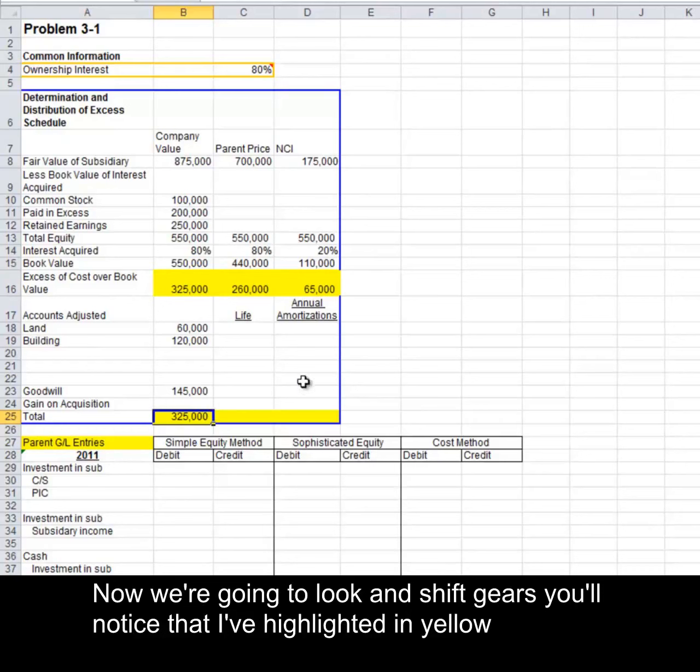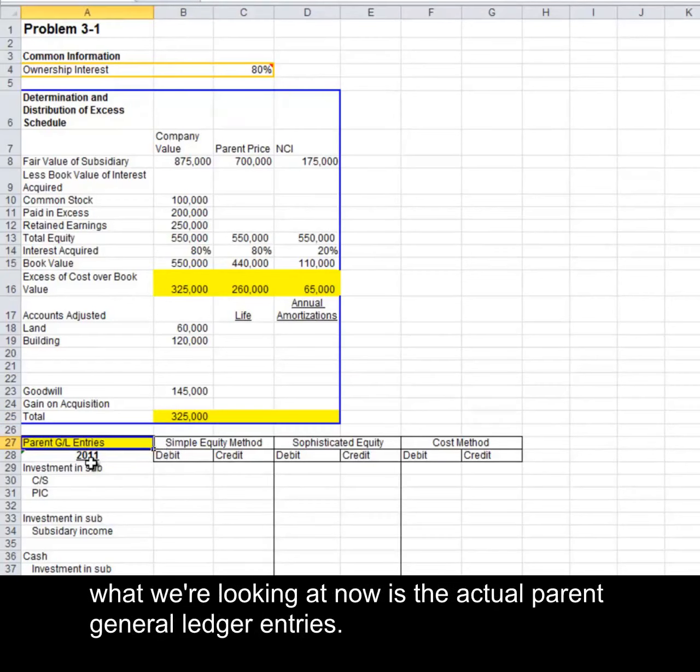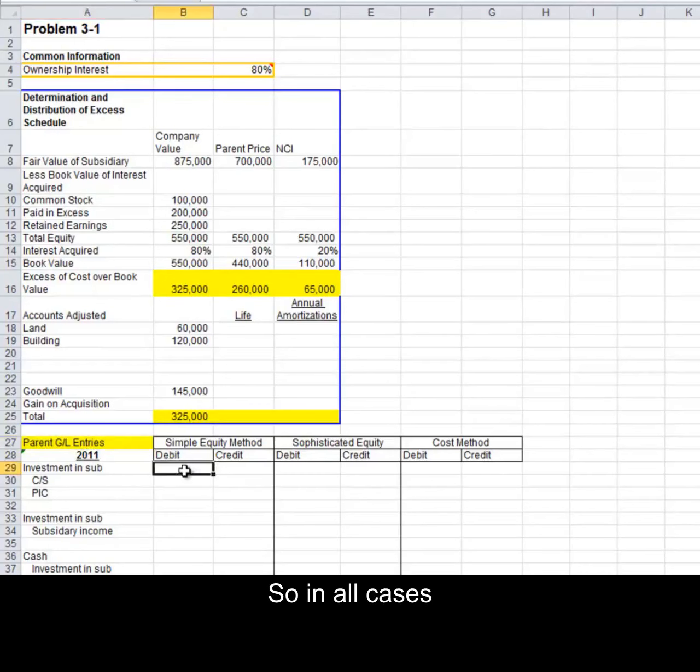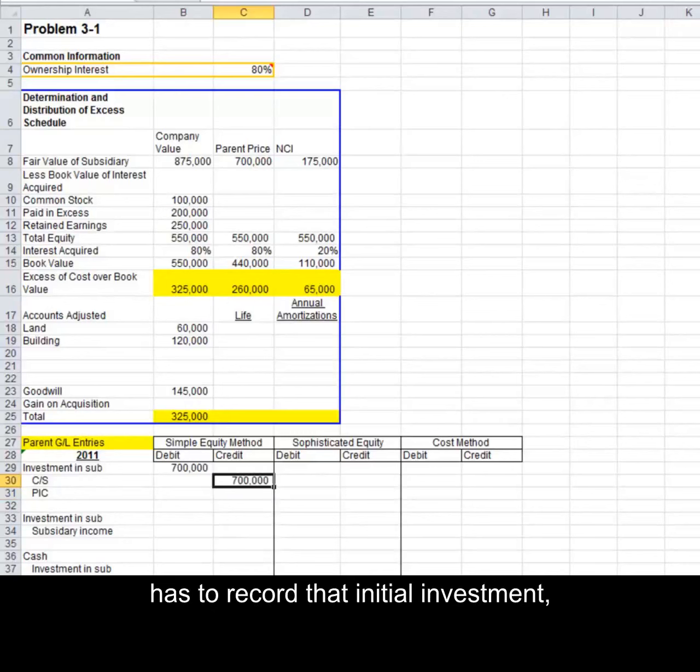Now we're going to shift gears. You'll notice I've highlighted in yellow. What we're looking at now is the actual parent general ledger entries. So we're away from the worksheet at the moment. We're actually focusing on the general ledger. So in all cases, regardless of which method was used, the parent has to record that initial investment.